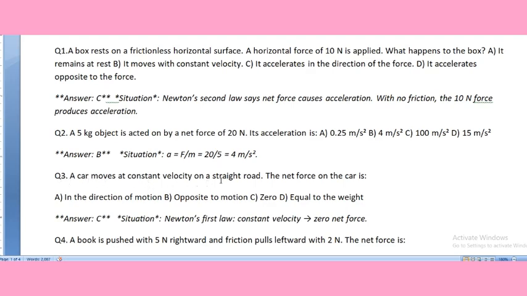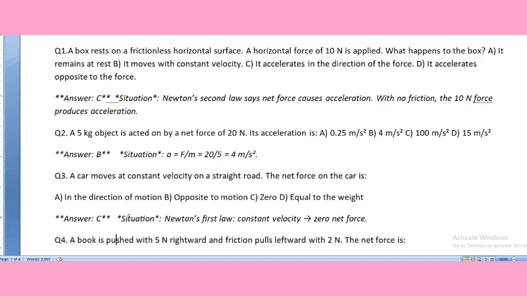Third, question number 3. A car moves at a constant velocity on a straight road. The net force on the car is A, in the direction of the motion, B, opposite to the motion, C, 0, D, equal to the weight. The applied force is on an object, and that object is moving with a constant velocity.